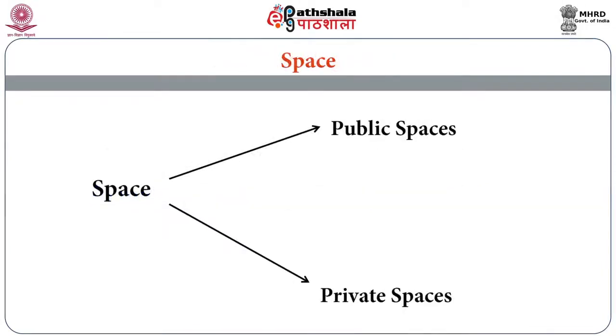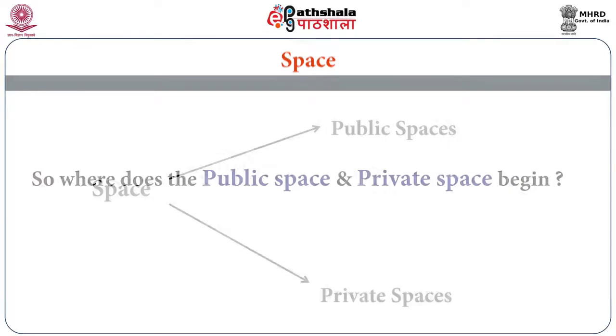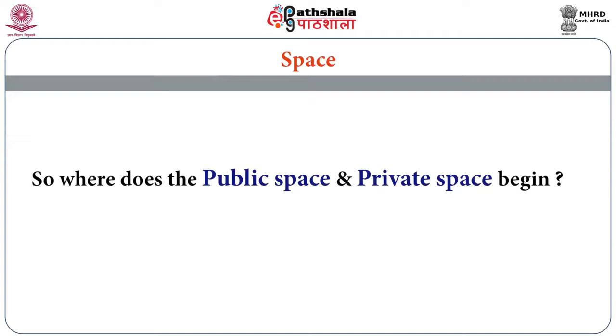The space being organized as private and public has to do not only with their being inside the house or outside the house, but with the kind of meanings we attribute to these regions. It is of course not very clear nowadays where the public ends and the private begins, and I shall come to that in a while. Take the example of a hotel. A hotel by definition is a public space.